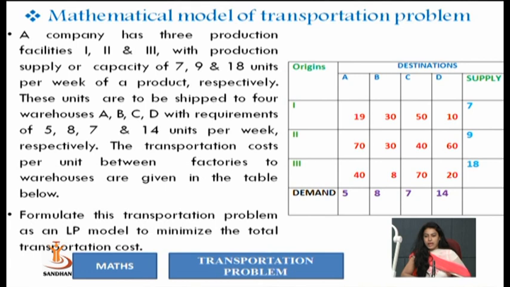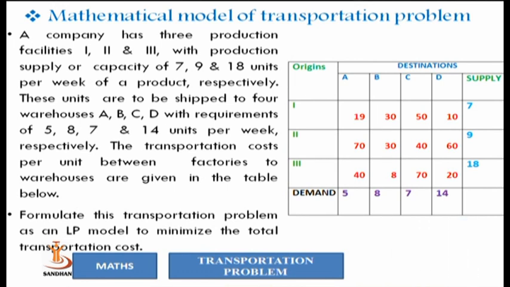While on the other side, the demands, the 5, 8, 7 and 14 are the numbers which say that destinations A, B, C and D require 5, 8, 7 and 14 units respectively.